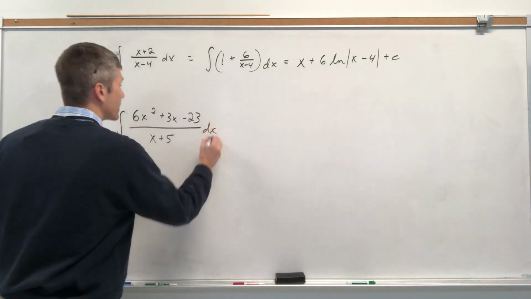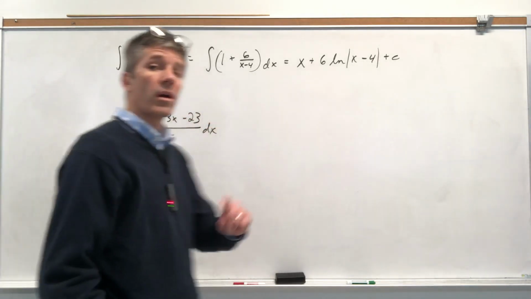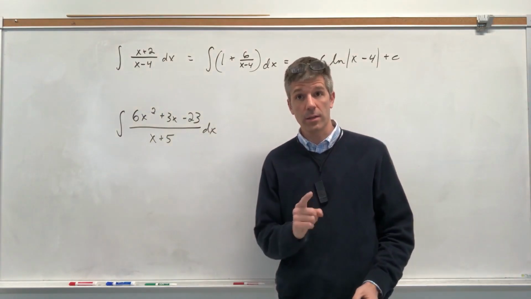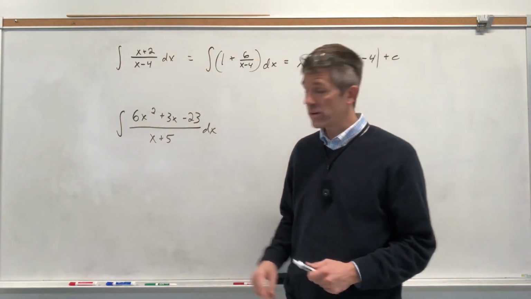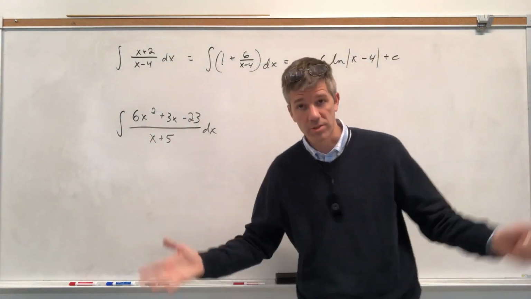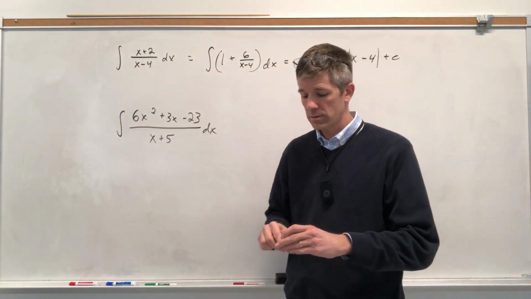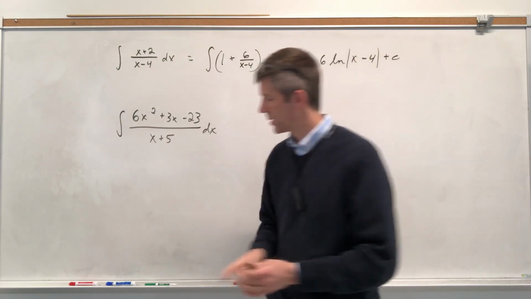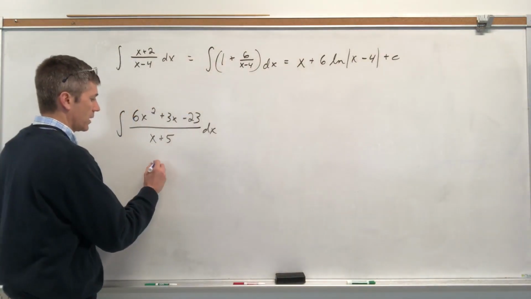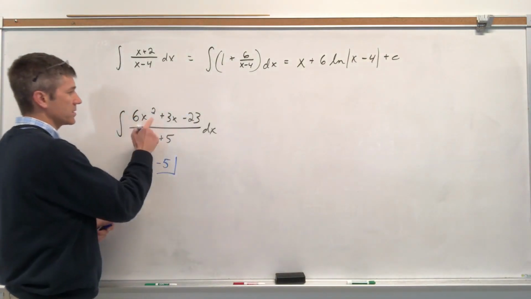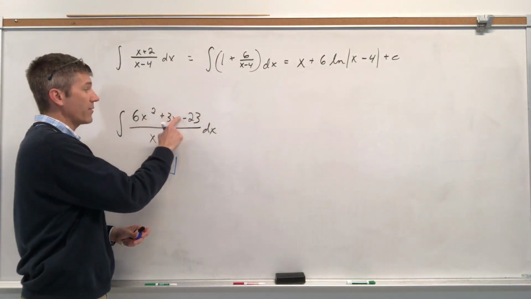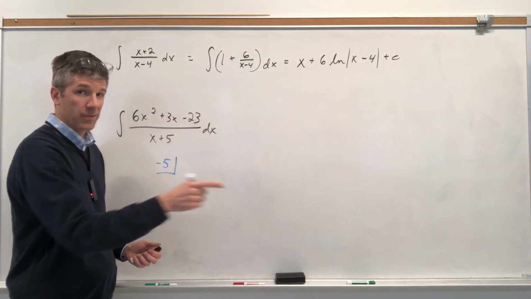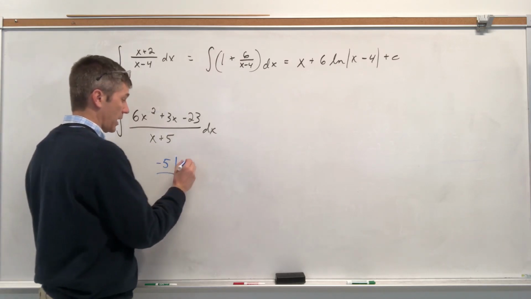We can use synthetic division when we are dividing by a linear term, exponent is 1, degree is 1, when the leading coefficient is a 1, so let's use synthetic division. Negative 5, 6, 3, negative 23. Here's what just happened. We don't have any missing exponents as we count down. That's good to know. That'll come in handy later.